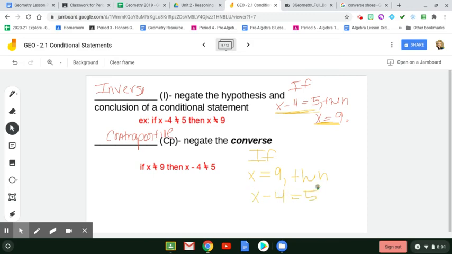This was the converse. If I ask for the contrapositive, I want you to negate these statements. So then what you're going to do is take the opposite: if x doesn't equal 9, then x minus 4 doesn't equal 5. So contrapositive messes everything around. It flip-flops things around and it negates as well.